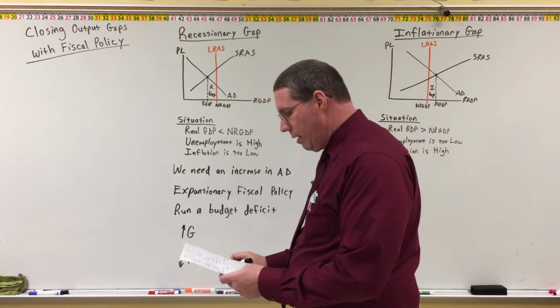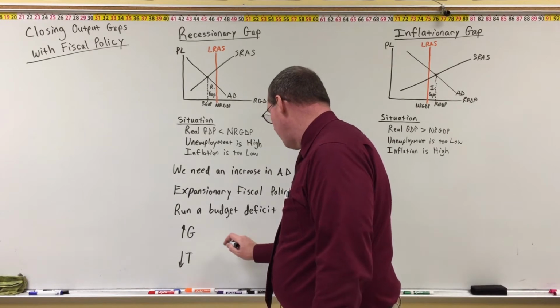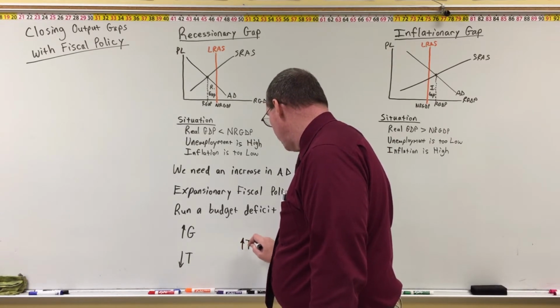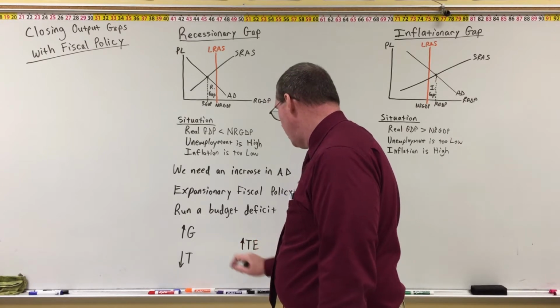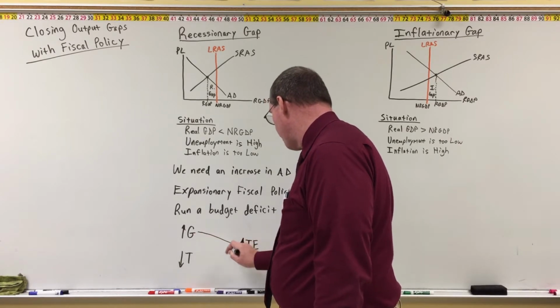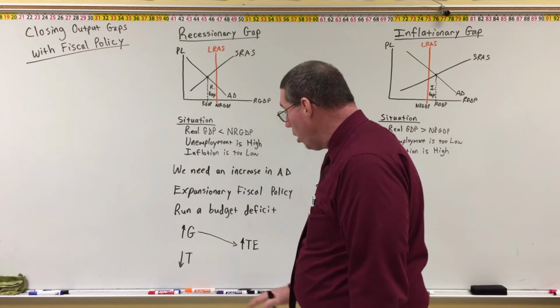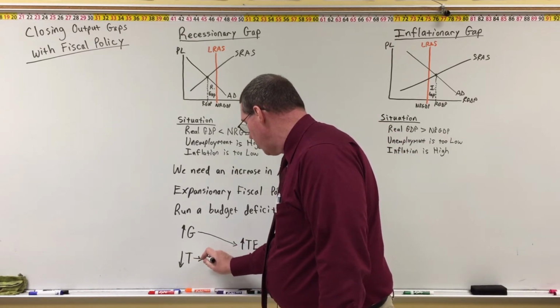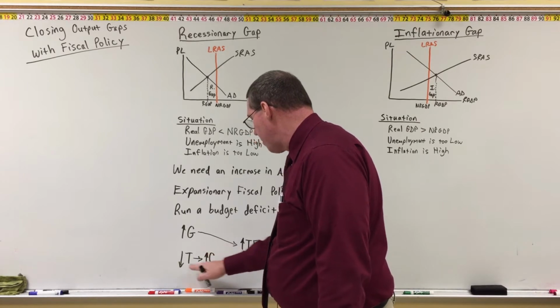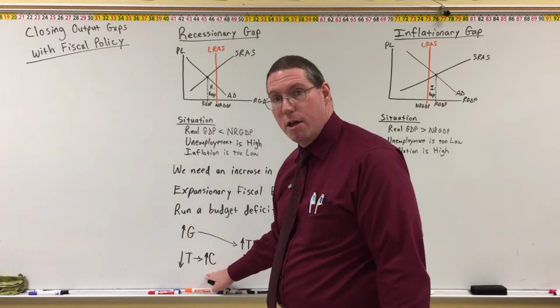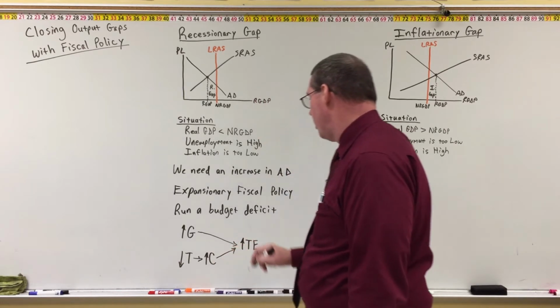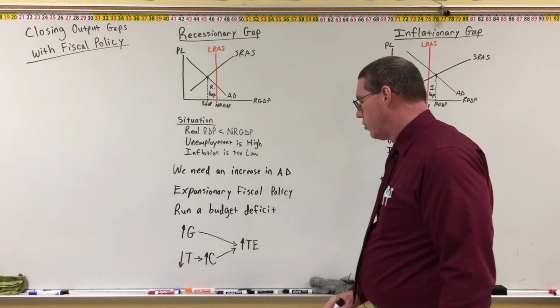When they spend more money, that's going to have a direct effect on total expenditure. There will be an increase in total expenditure if the government increases spending. Or if they decrease taxes, that's going to have an effect to increase consumption, because people now have more money in their pockets, so they can spend more money, and an increase in consumption will also result in an increase in total expenditure.